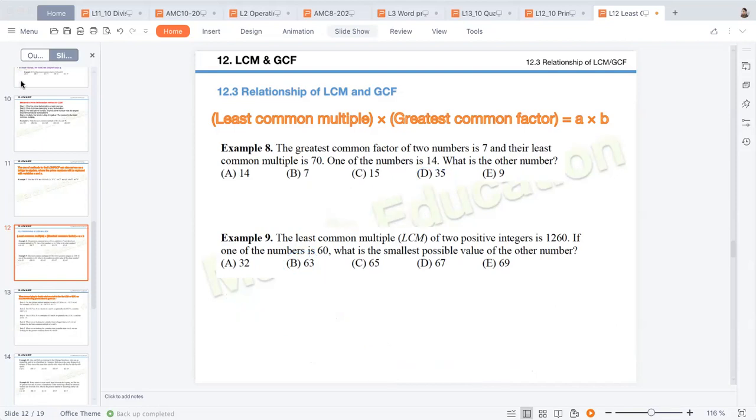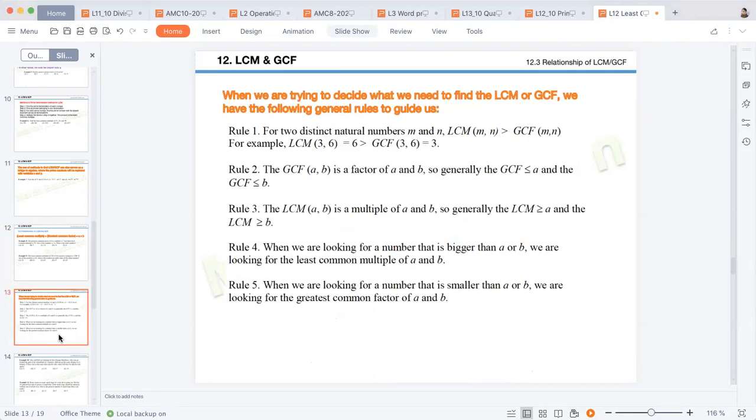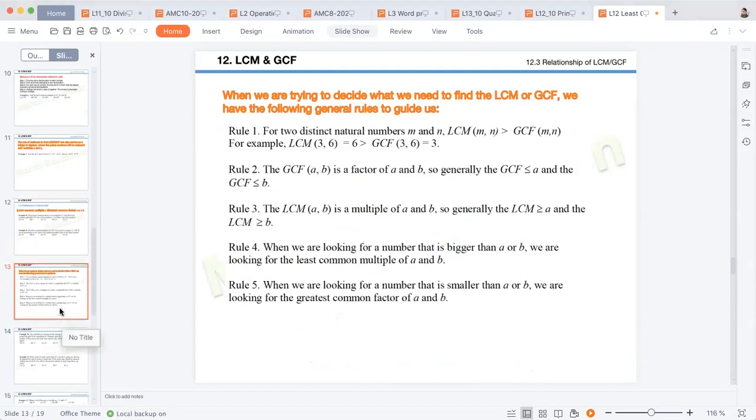Now the difficult part is the word problem. So how do we deal with this kind of word problem?